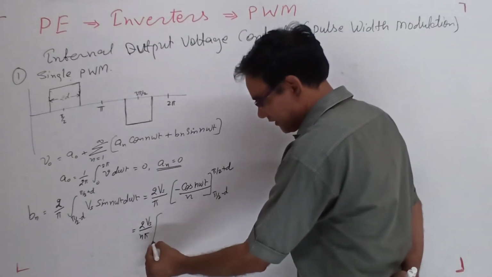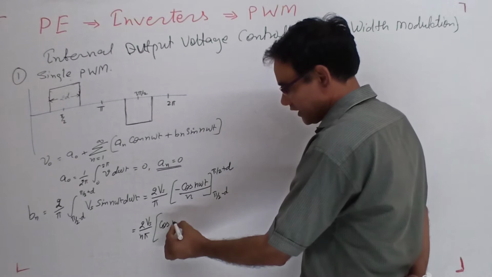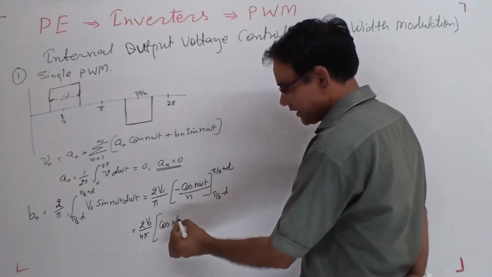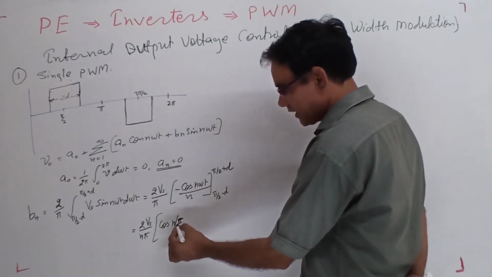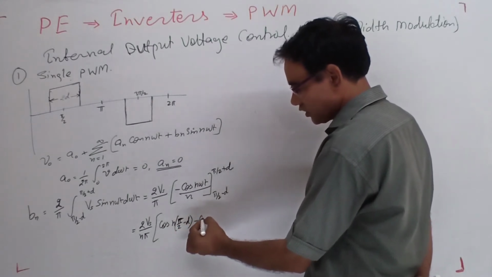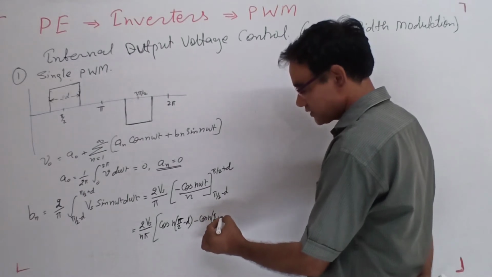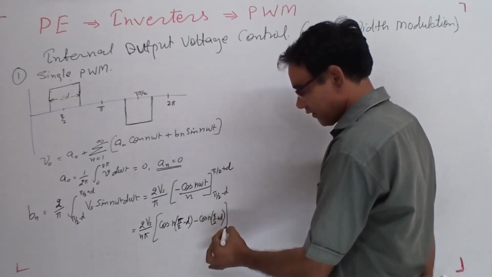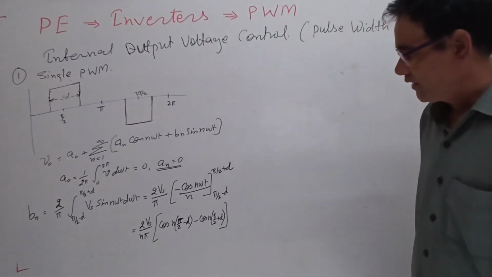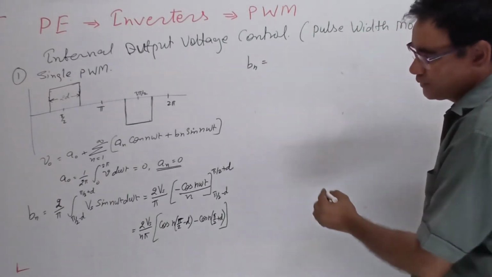When we put in the limits, it is cos of n times pi by 2 minus d, minus cos of n times pi by 2 plus d. Now finally, this is bn.